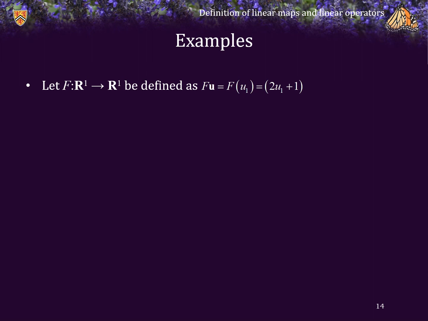So, is that linear? Well, unfortunately, it isn't, because F applied to the 0 vector in R1 is the vector containing the entry 1, and that is not equal to the 0 vector in R1. Therefore, a linear polynomial is not a linear mapping.